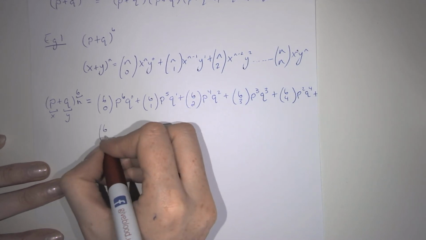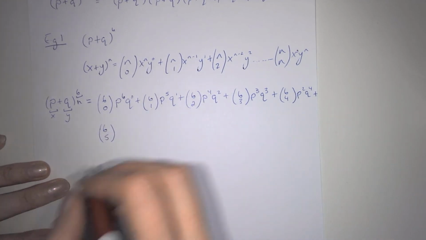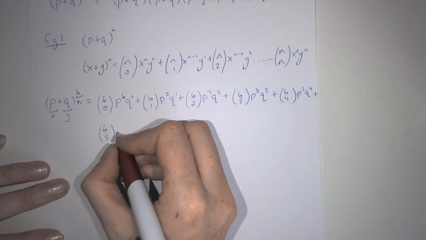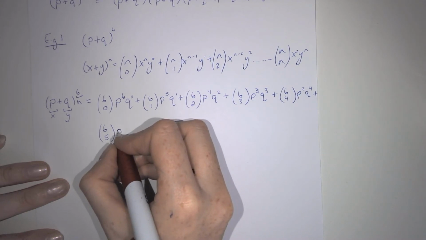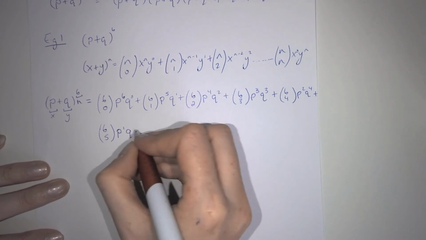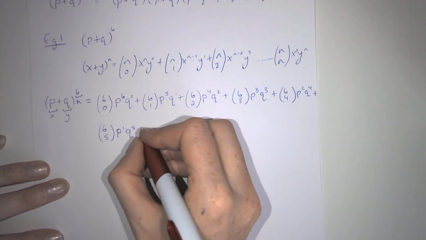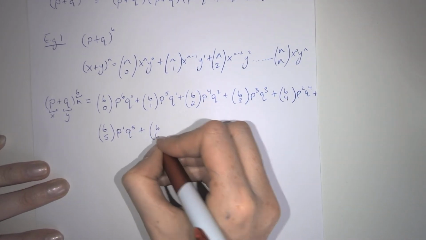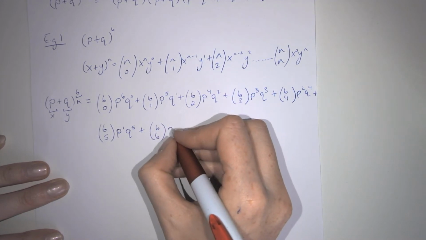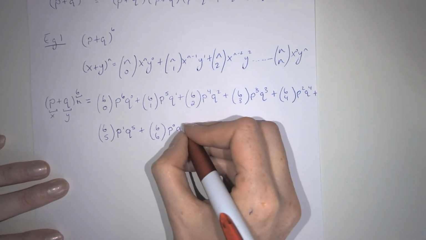Plus, I'll just have to go down to the next line, we've got 6C5, p to the 1 and q to the 5, and last one plus 6C6, p to the 0 and q to the 6.